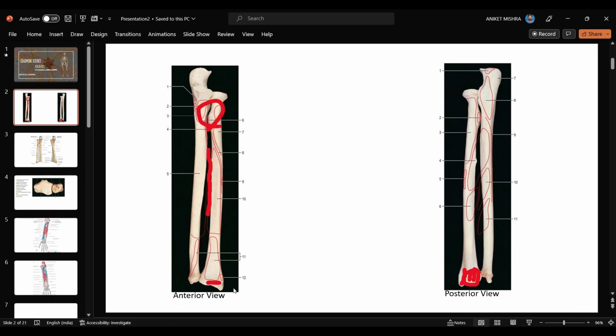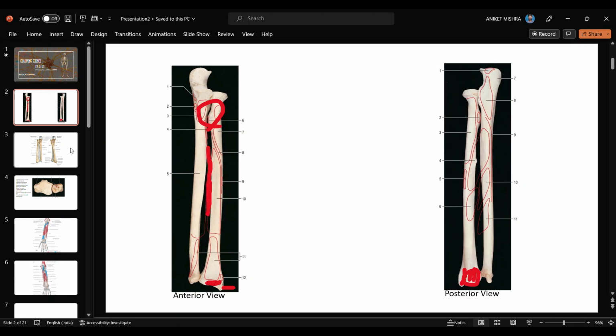At the anterior side, there are thick prominent ridges. How do we determine the medial and the lateral one? The medial border of the radius is the sharpest one, compared to the lateral one.